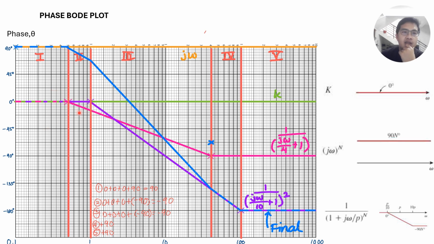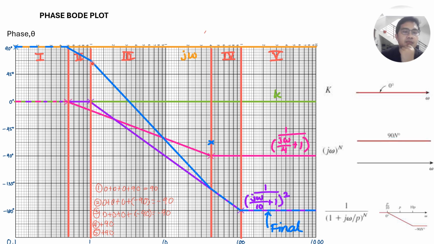So we have 1, 2, 3, 4, 5 parts that have changes. For the first part, we get 0 plus 0 plus 0 plus 90. So that's why our starting point is at 90. So make a straight line until the end of the first part. And the second part, we have 0 plus 0 plus 0 plus negative 90 here. So that's why we get negative 90 starting.